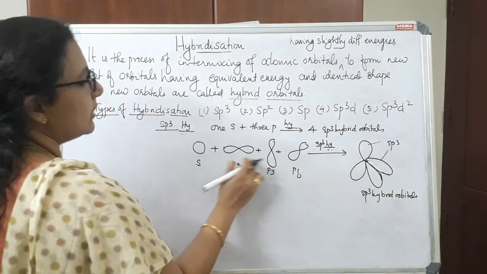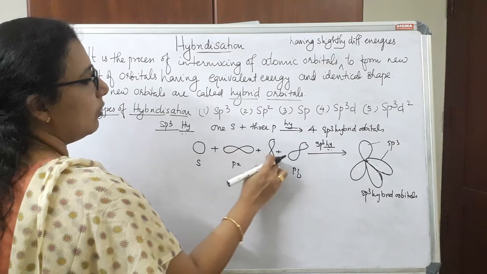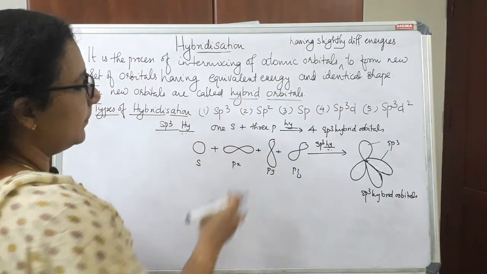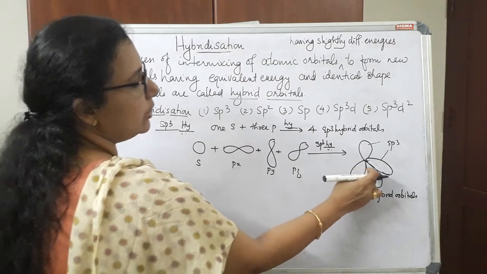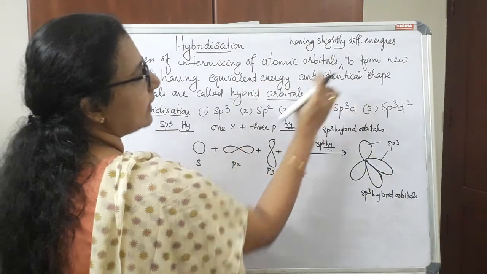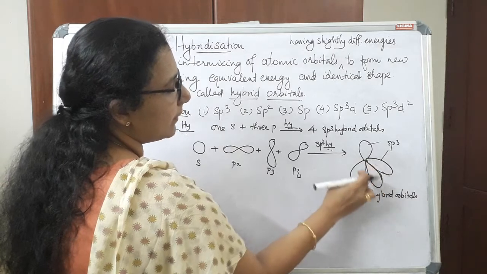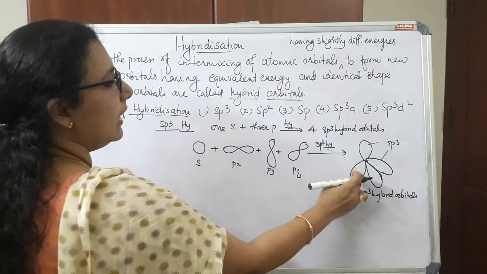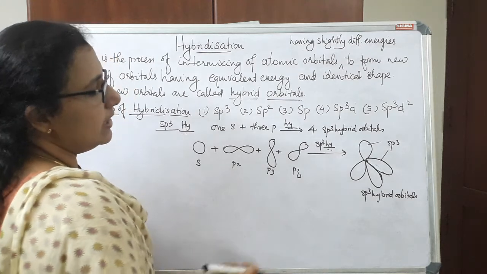So these atomic orbitals have slightly different energy and different shape. After hybridization, the new set of orbitals have equivalent energy and identical shape.